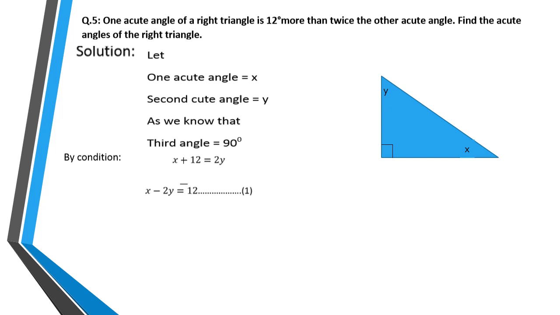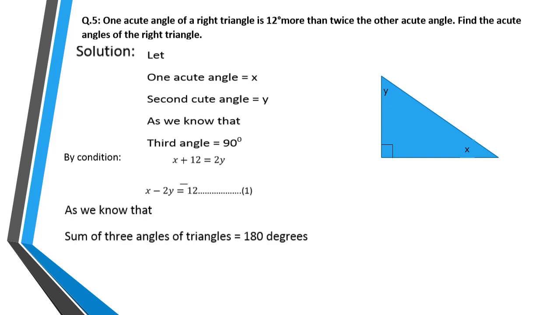The equation becomes x plus 12 is equal to 2y. Now rewrite this equation. After the equal sign, 2y has a positive sign. When you write 2y before the equal sign, it converts into minus 2y. So the equation becomes x minus 2y is equal to minus 12.